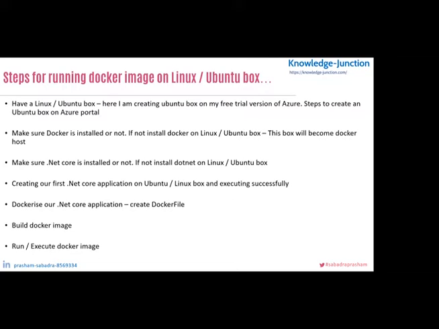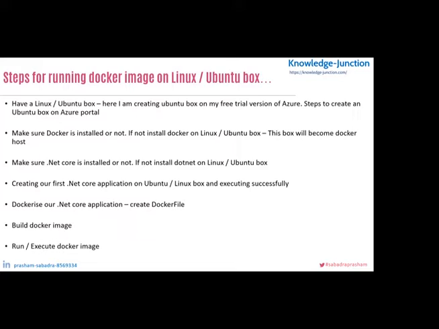There are a few steps we'll discuss first, and then we'll see them in action. What we are trying to demonstrate is creating a simple .NET Core console application. We will create that application on our Ubuntu Linux box, and once it runs successfully, we will convert it into a Dockerized image.